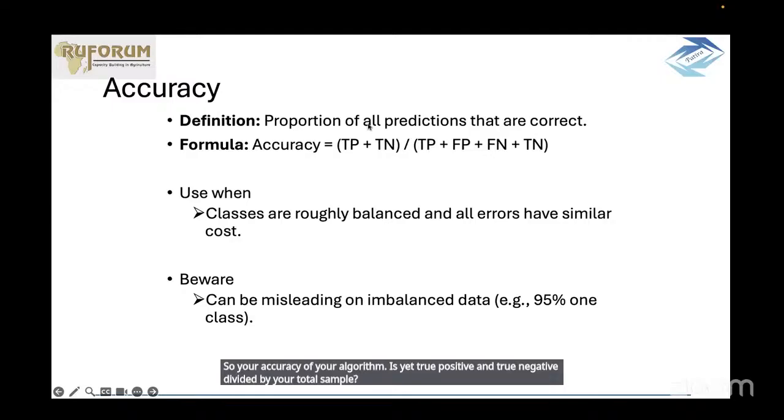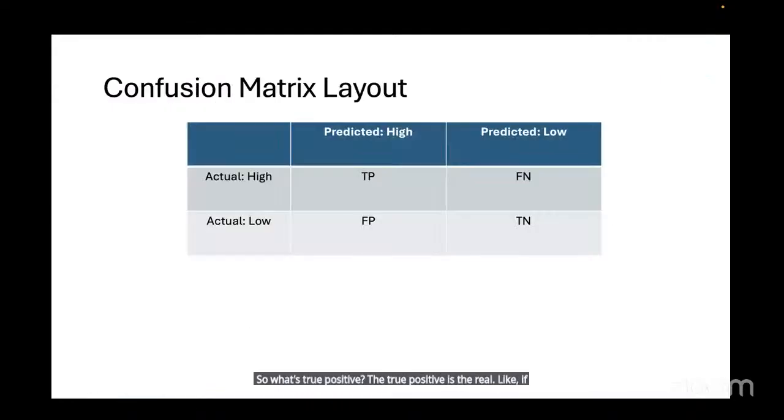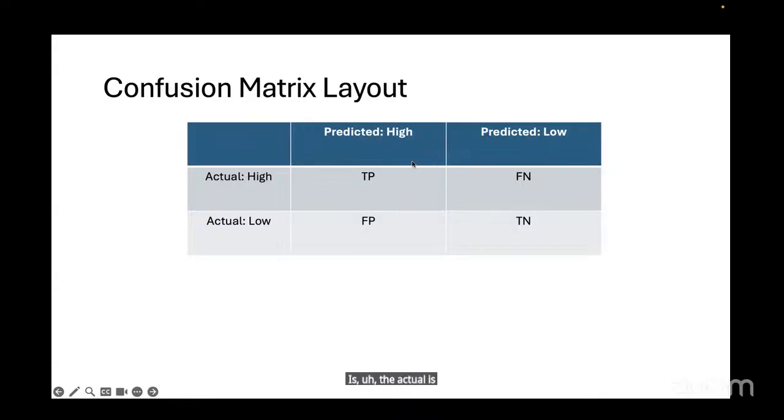So what's a true positive? If you go back here, your true positive is where the actual is high and the predicted is high. And your true negative is where the actual is low and the predicted is low.